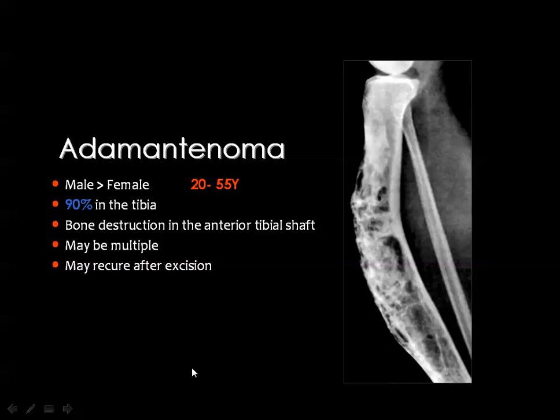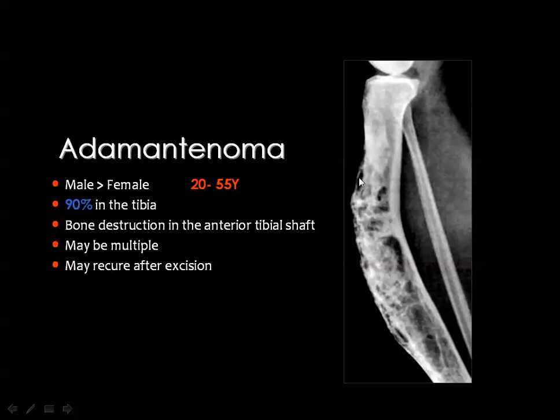Adamantinoma occurs in two main sites in the human body, in the tibia and in the mandible. In the tibia, if it has the characteristic location and appearance, you can predict the nature of the tumor even from the plain X-ray. This lesion affects the anterior part of the tibia.